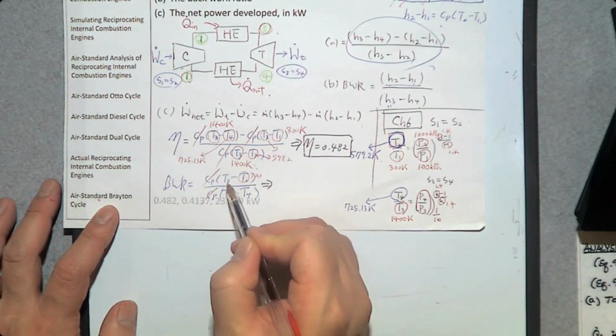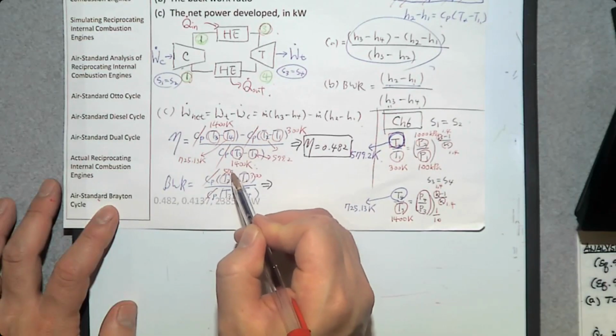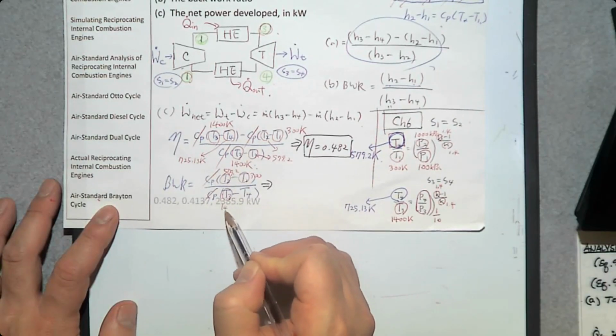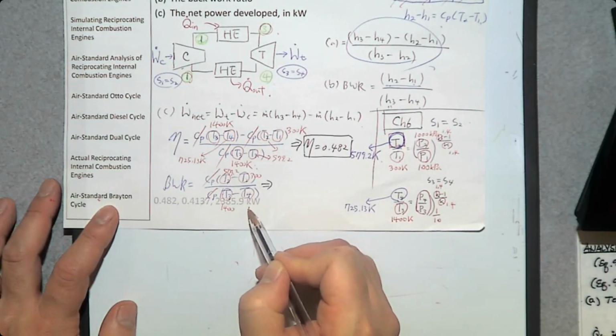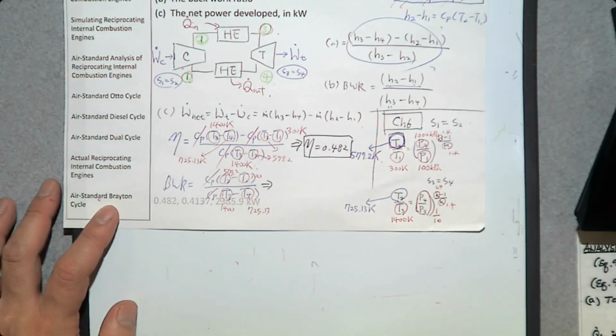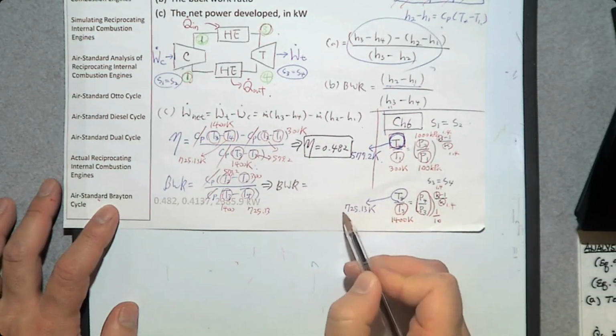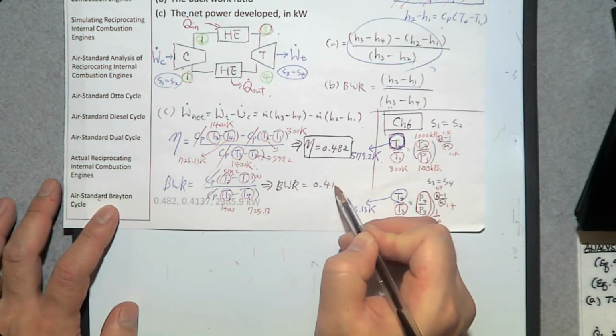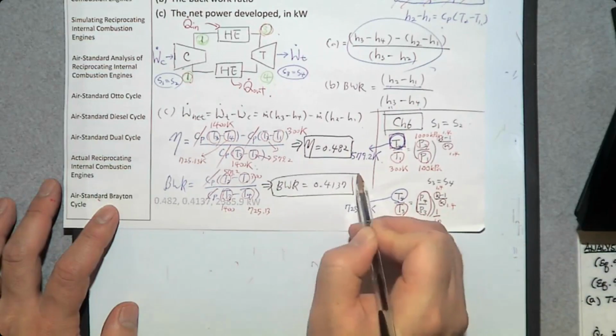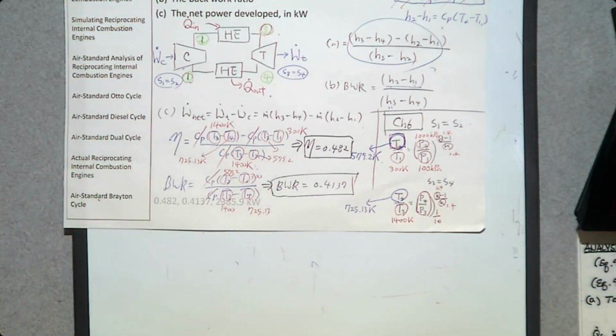Yes, 300. Do we know T2? 579.2. T3, 1400. T4, 725.13. Can you determine the back work ratio? Yes, the back work ratio is 0.4137. So about 41% of the power that we produce by the turbine is going to be consumed by the compressor.